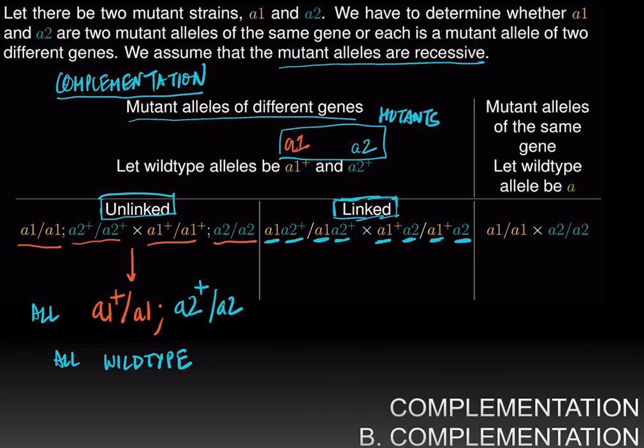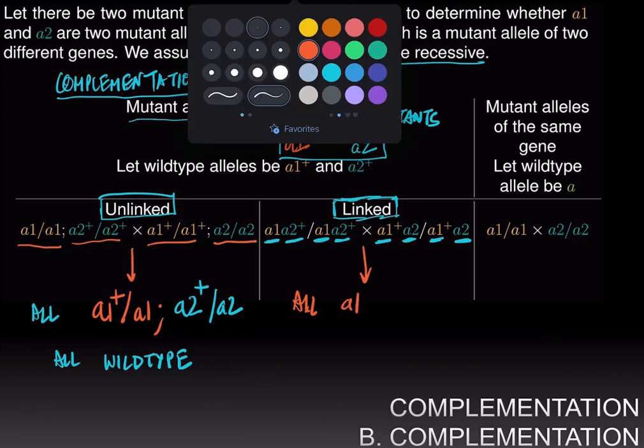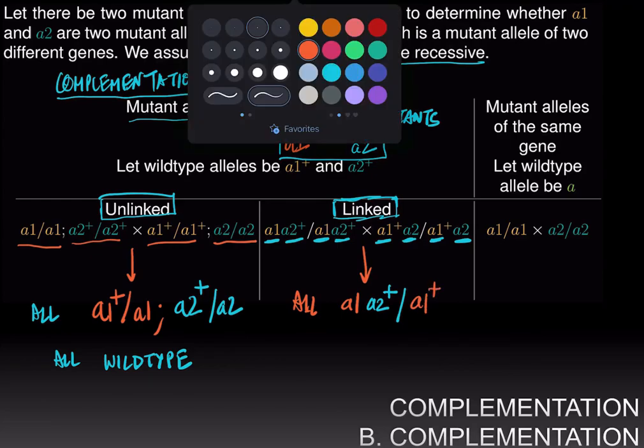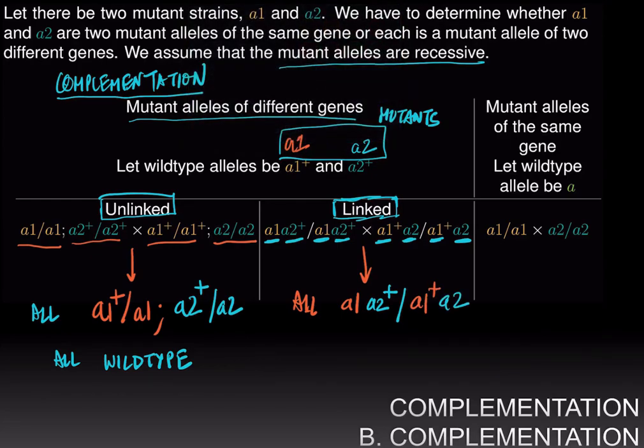Now, when we carry out this cross, all the progeny are going to be A1 A2 plus over A1 plus A2. And once again, all the progeny are heterozygous for the wild type and mutant alleles of both the genes.